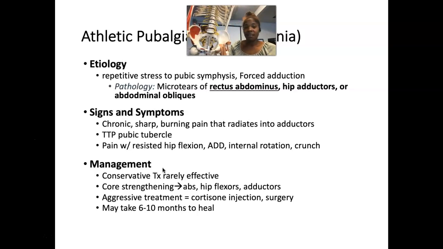But if you're really trying to allow that muscle, whether it's here in the rectus abdominis or down in the adductor region, to heal, in order for the blood flow to come in and allow that muscle to resolve itself, it will take about 6 to 10 months. So we want to avoid athletic pubalgia. One of the ways to do that is to make sure that our athletes don't have strong abdominal muscles, yet weak hip flexors or weak hip extenders or weak hip adductors, right?